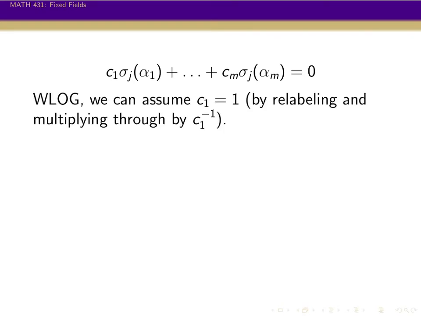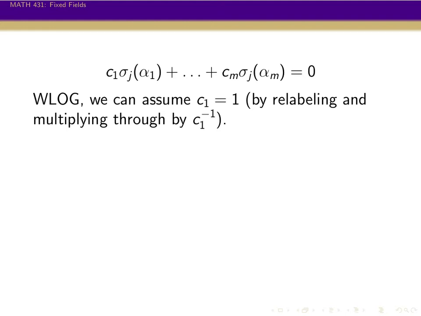Okay. Looking at these, without loss of generality, we can assume that C1 is equal to 1. If C1 at the beginning was equal to 0, then we could just relabel our alpha i's, choosing one such that it's not equal to 0.